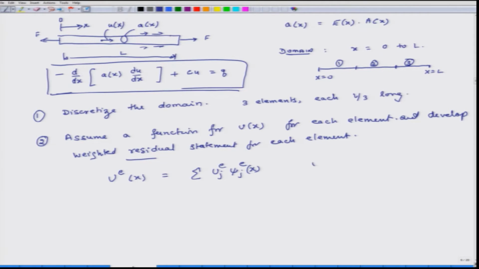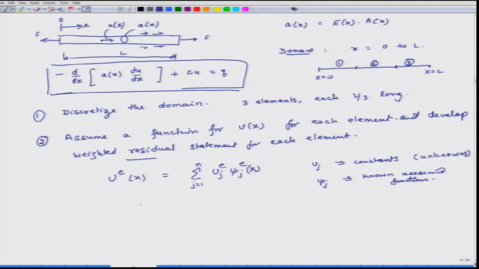So, the u_j's are constants and they are unknowns, and the psi_j's are known assumed functions. And there are n such functions, so I am going to add this up over n terms.